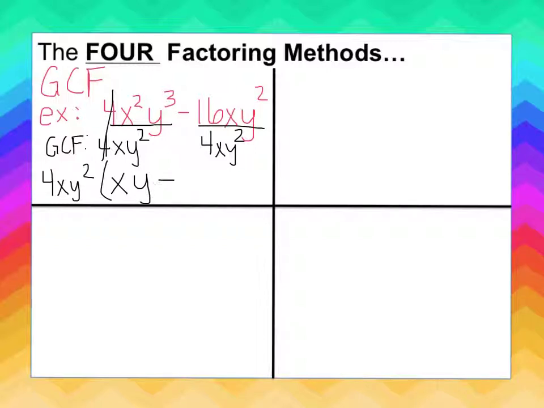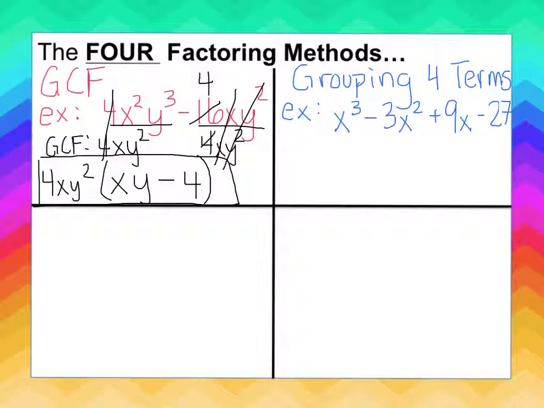And then I have a minus there. 16 divided by 4 is 4. Right? And then x over x is 1, so they cancel. And then y squared over y squared is also 1. They cancel out. And this is our final answer. And it's fully factored. Notice there's no other GCF or greatest common factors there.